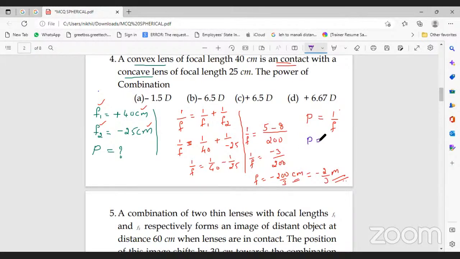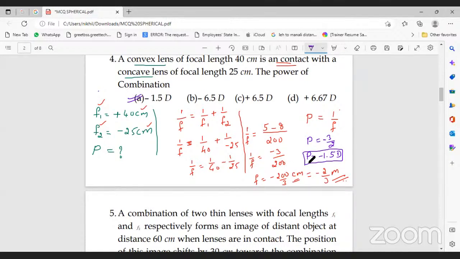P equals 1 by F. So 1 by F means it is minus 3 by 2. Take the reciprocal. What is 3 by 2? 1.5. So what is the unit of power? Diopter. So it is minus 1.5 D.